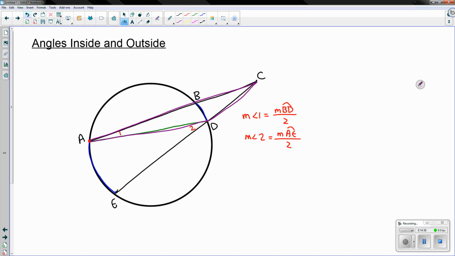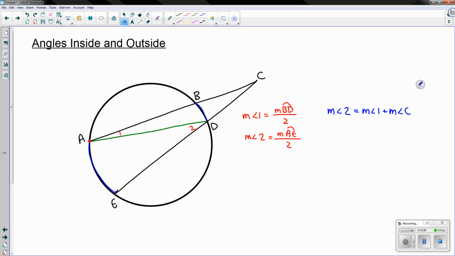And therefore I know the sum of the remote interior angles, when I add them together, will equal the measure of the exterior angle. So we know that the measure of angle 2 should equal the measure of angle 1 plus the measure of angle C.